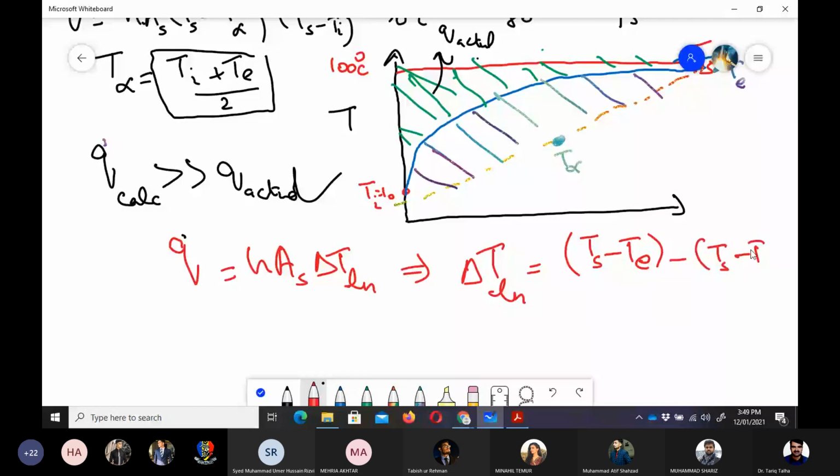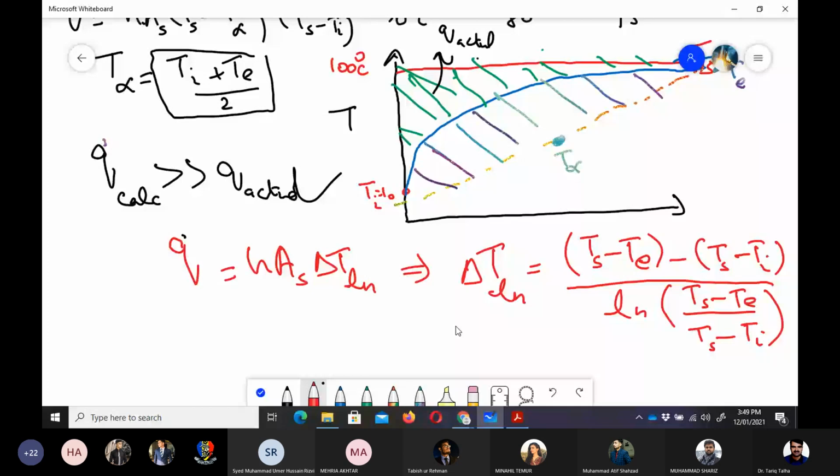We are going to derive this formula in forced convection through internal flows. Right, so this is the formula.